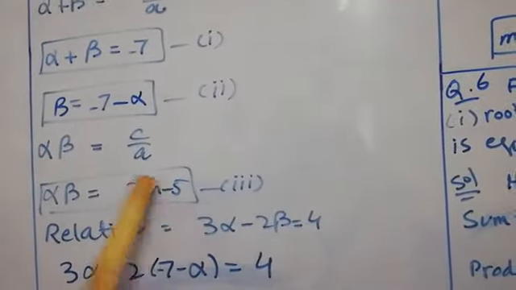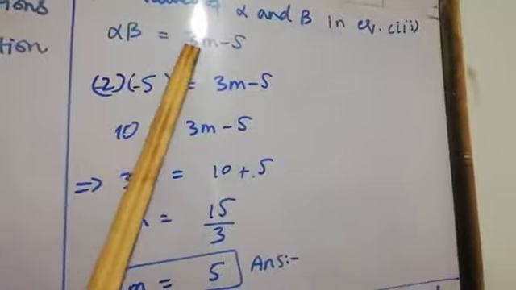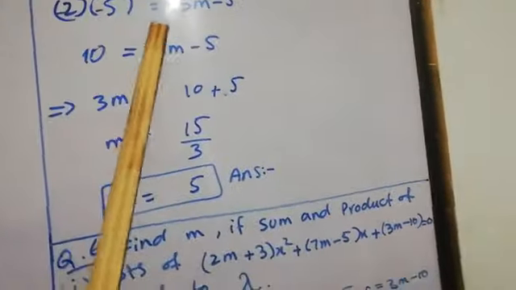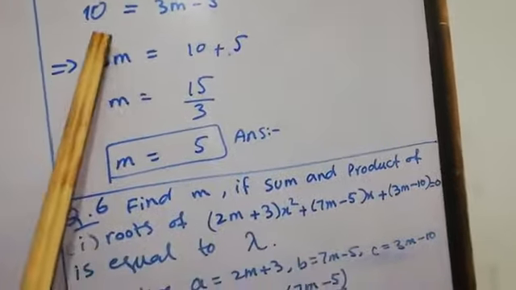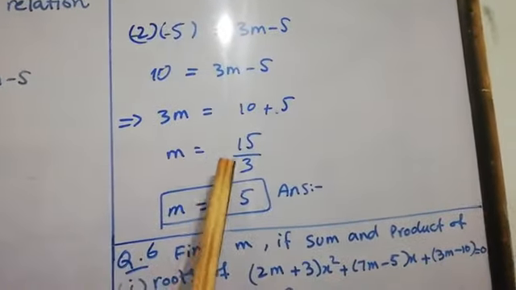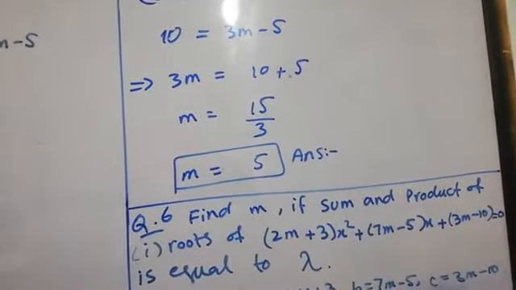So the value of alpha is minus 2 and the value of beta is minus 5. Putting these values, 2 fives are 10 equals 3m minus 5. We will arrange the values and get the value of m, which is equal to 15 by 3. 3 ones are 3, 3 fives are 15. So the value of m is equal to 5.